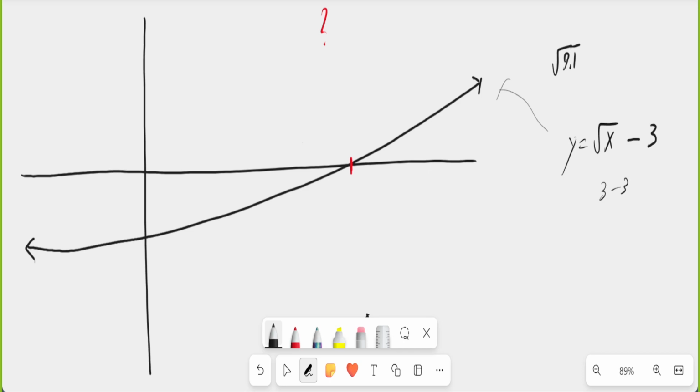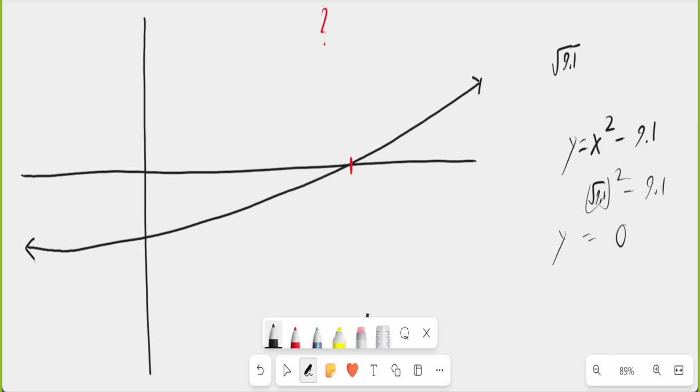So, okay, I'm really bad at explanations today, but y is equal to x squared minus 9.1, right? So that means if I plug in the square root of 9.1 here, it becomes 0. Can we all agree on that? Yeah.